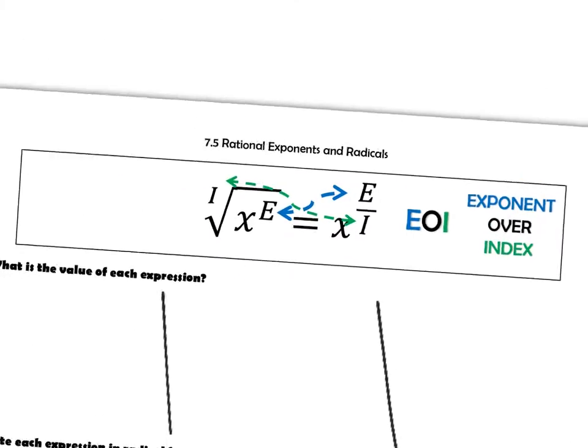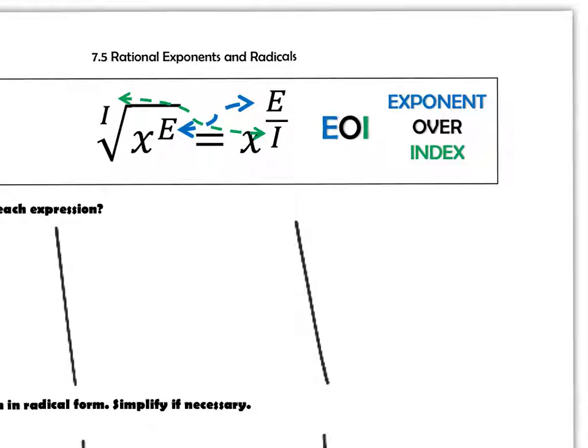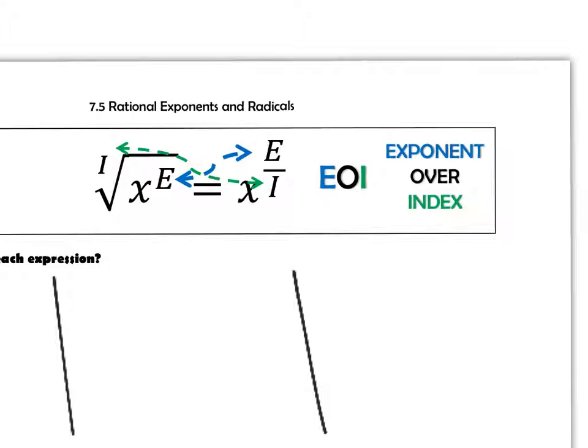Okay, so if we jump up here to the top, what we're going to talk about today is rational exponents and radicals. So rational exponents, what that word means, rational number is just going to refer to fractions. And we kind of did a little bit of fractional exponents, but I kind of avoided most of those problems altogether.